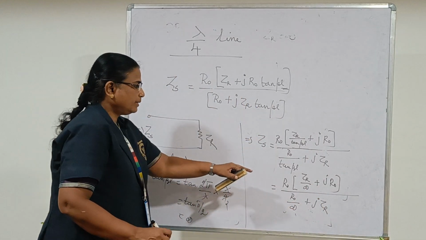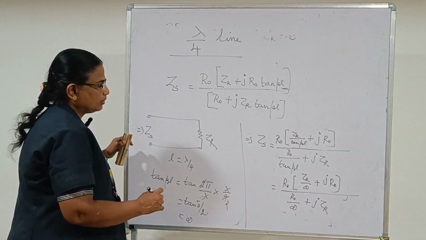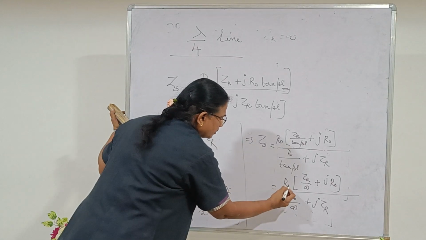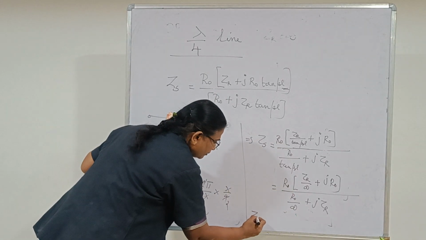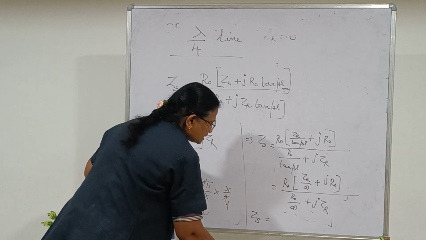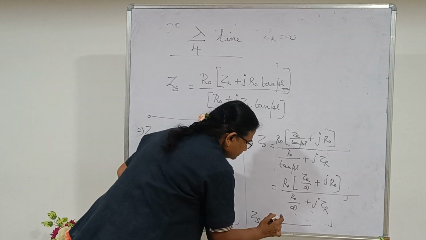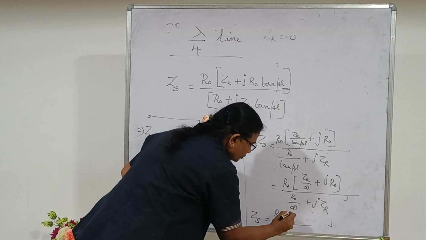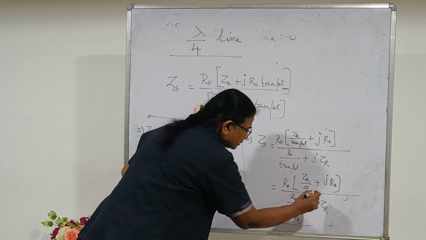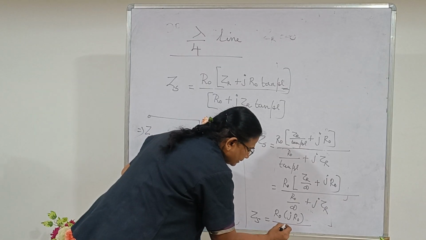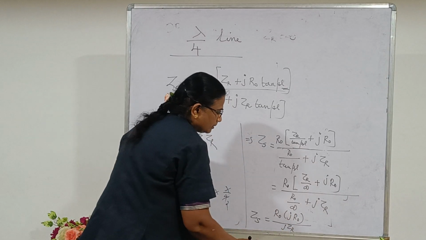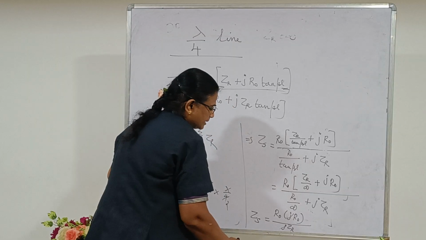So anything divided by infinity is 0. Therefore, for lambda by 4 line, the sending end impedance is found to be R0 into J R0 divided by J ZR. Here J gets cancelled.